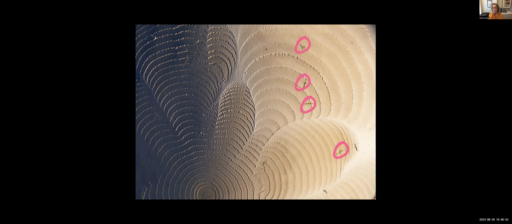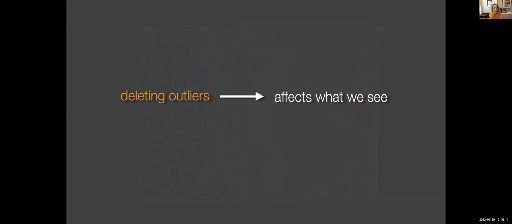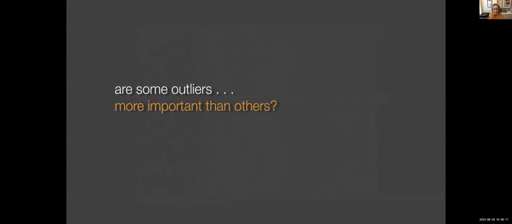But the question is, those pieces that I deleted might in fact have some information. By deleting what I consider outliers, we're deleting what we see. And I ask you, are some of these outliers more important than others? Who's deciding on what it is that we're deleting?